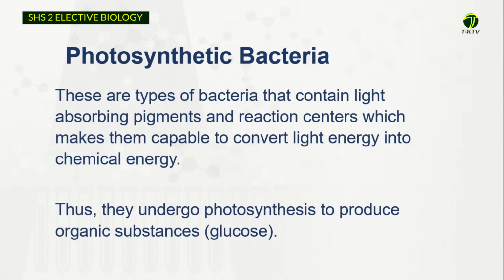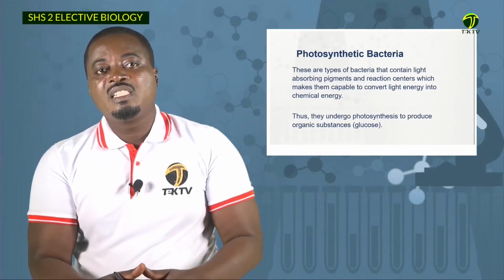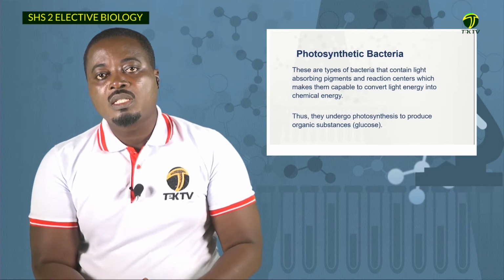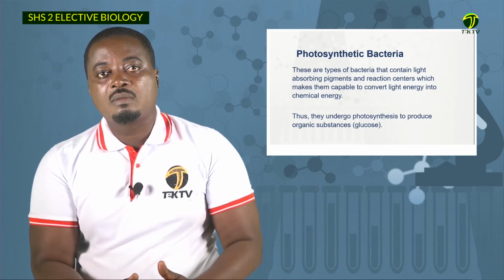But you should know that the type of light-absorbing pigment in bacteria is quite different from that in plants. Some have the same as in plants, while others have different.